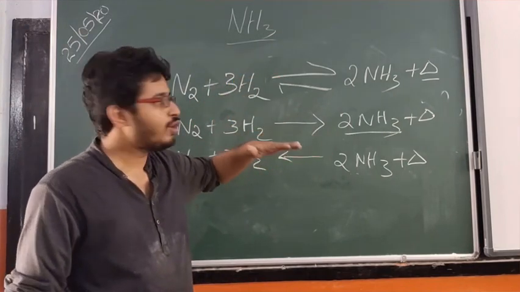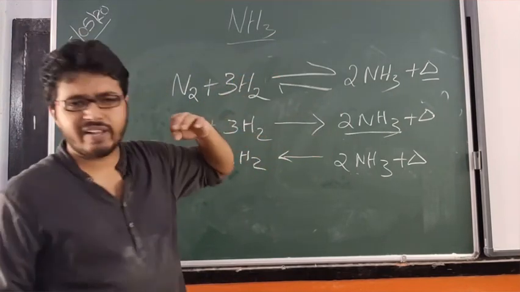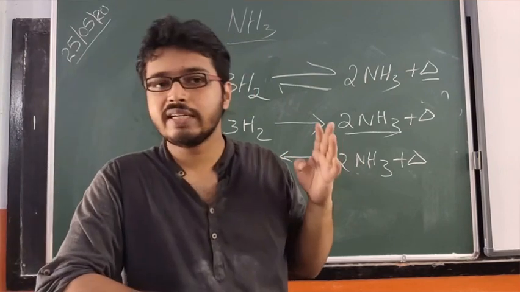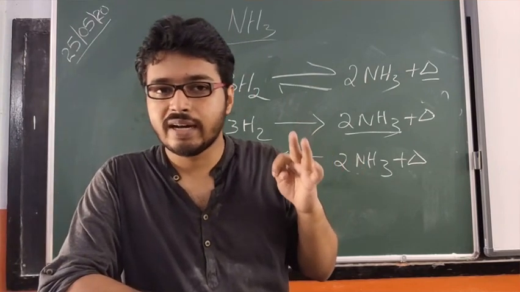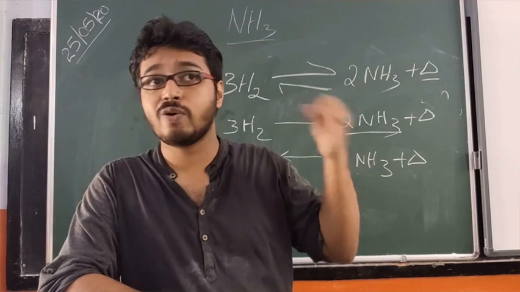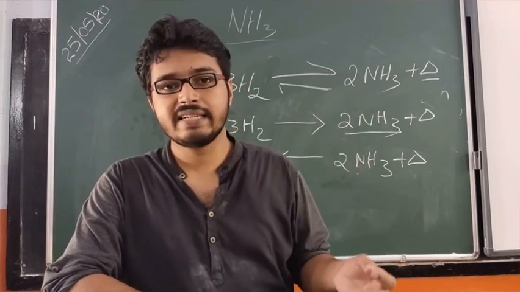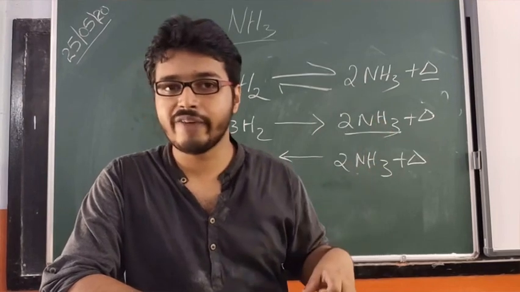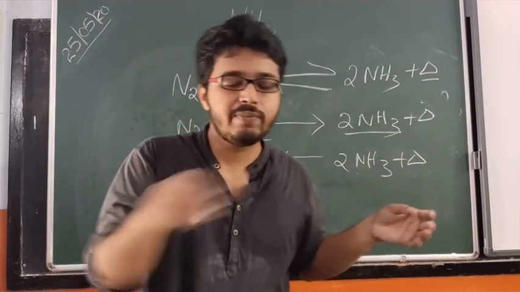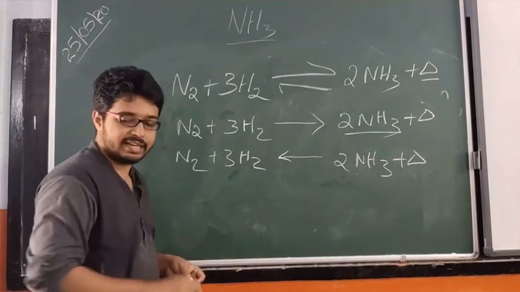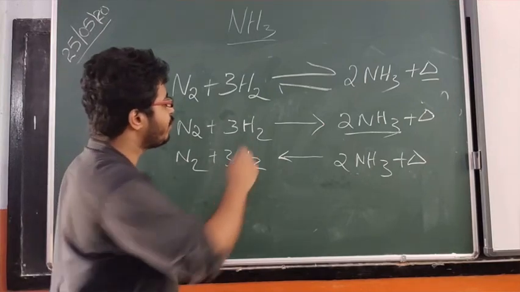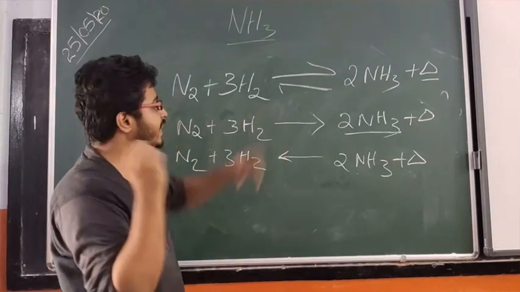If any of the conditions like pressure, temperature, catalyst, or concentration of any of the reactants or products changes, there will be some counter effect in the system. Suppose, I hope you remember the conditions for this reaction.